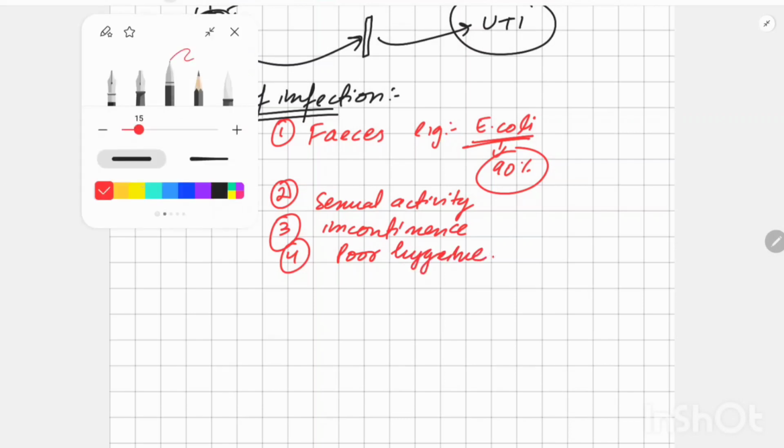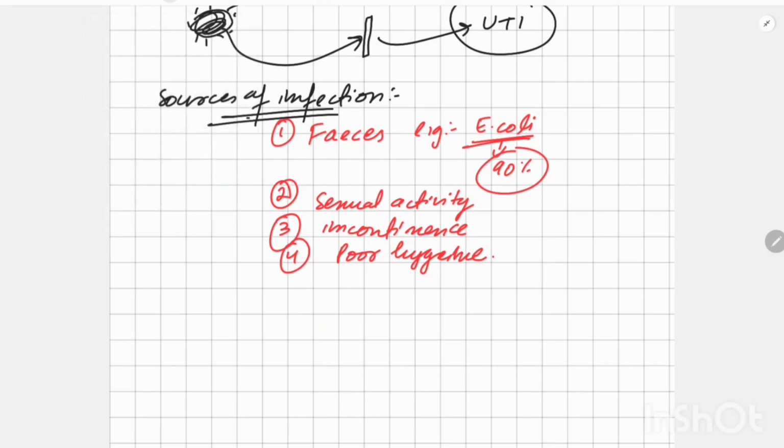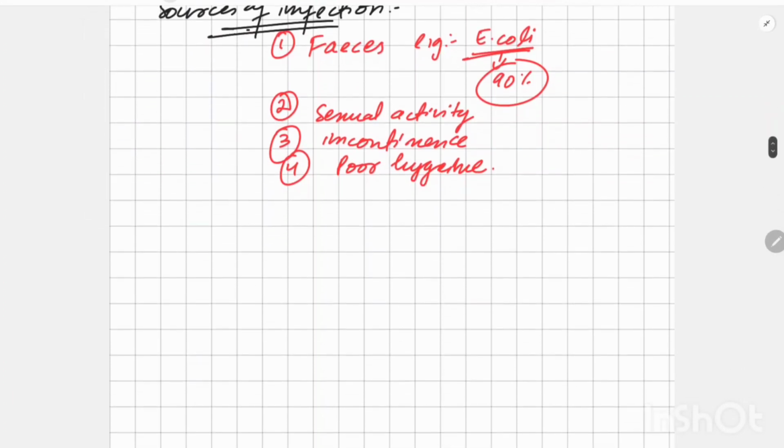Now, there is a thing called catheter associated UTI, which is caused by urinary catheters.